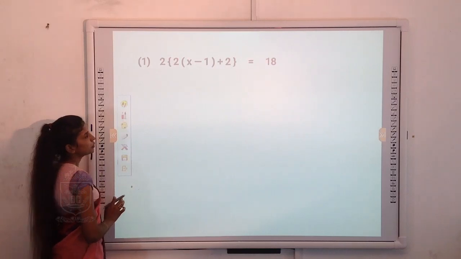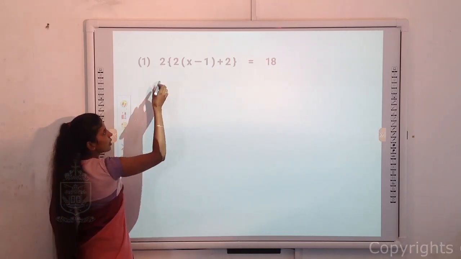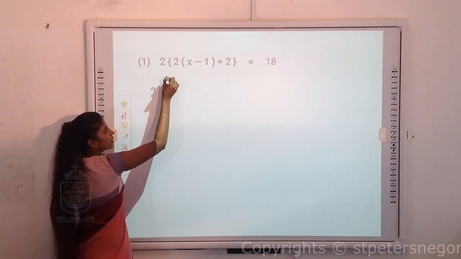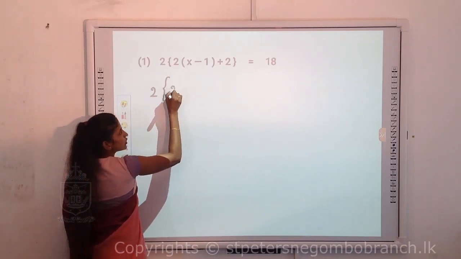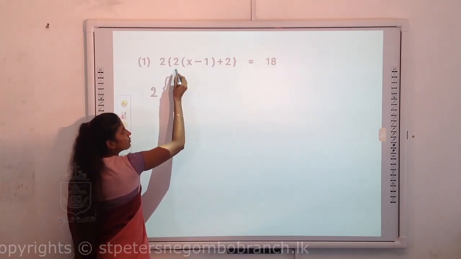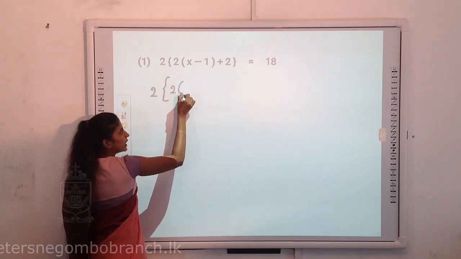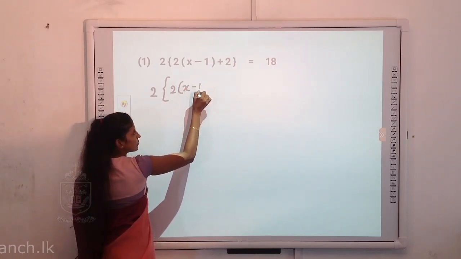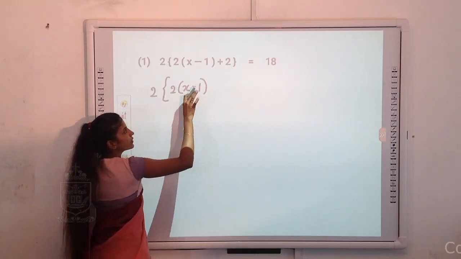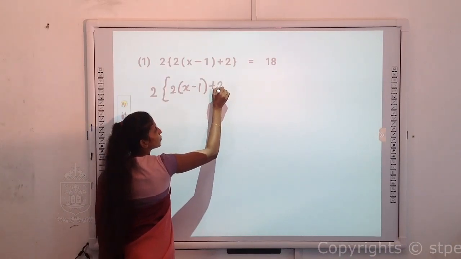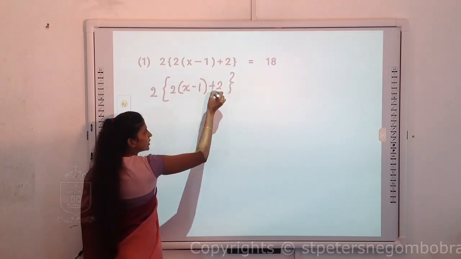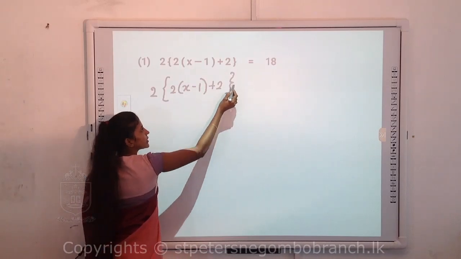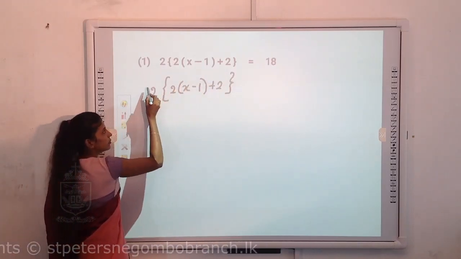The outermost number is number 2. You can see the curly bracket, and it has been multiplied by 2. 2 is multiplied by x minus 1, bracket close, and there's a separate term plus 2. Here the meaning of the curly bracket is that this total expression is multiplied by 2.